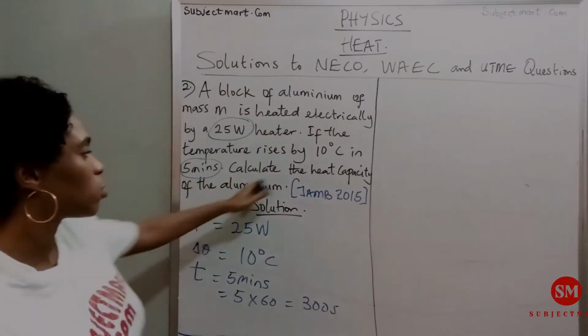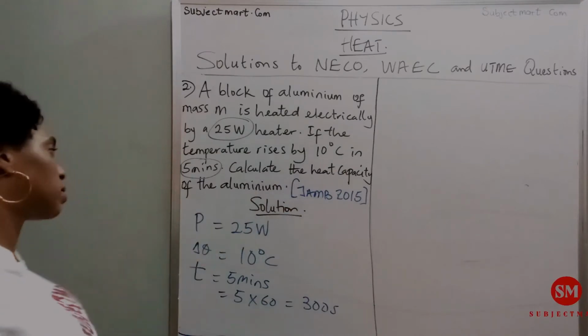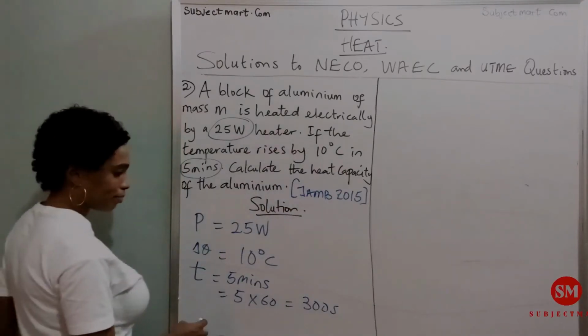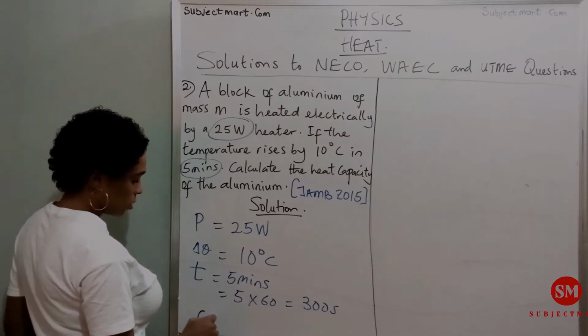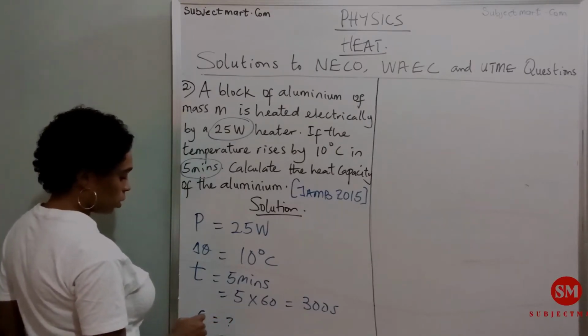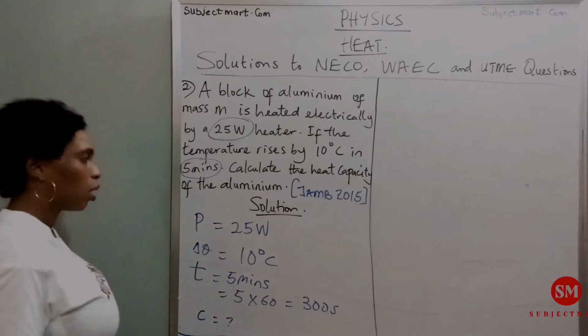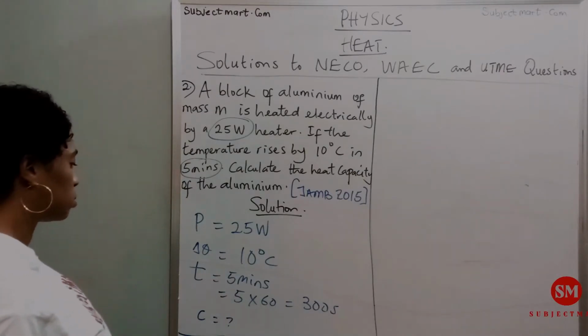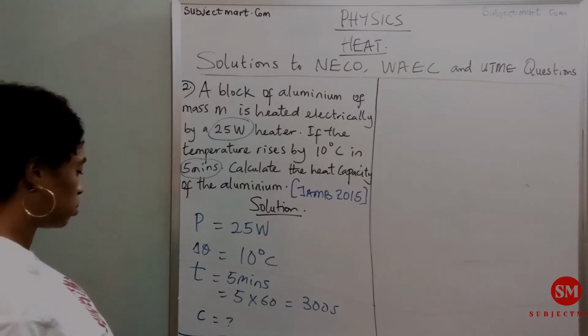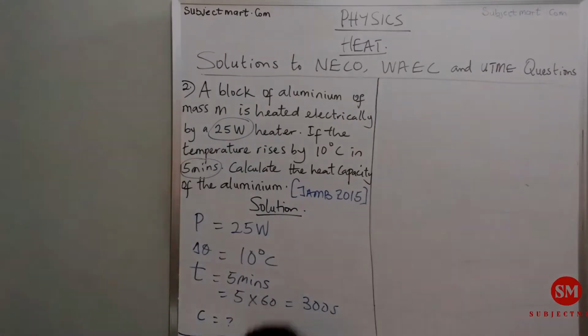So we are asked to calculate the heat capacity of the aluminium. We are asked to find the C of the aluminium, the heat capacity of the aluminium. Okay?